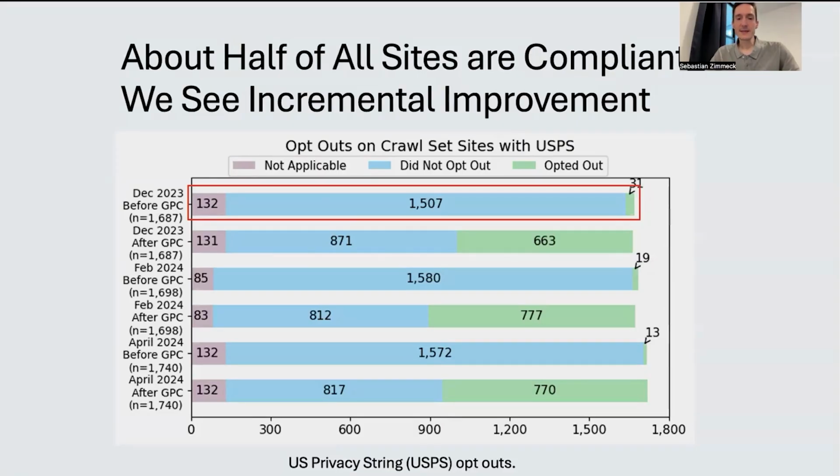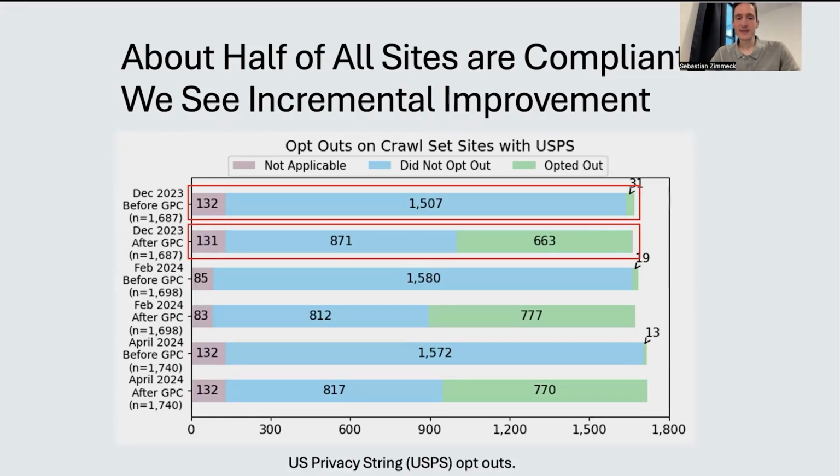So we analyzed 11,000 plus sites, and about 1,600 had the US privacy string implemented, 1,687 to be precise. And before we send a GPC signal, 1,507 did not opt us out. 31 did opt us out no matter what, and 132 said that the opt-out right was not applicable to them.